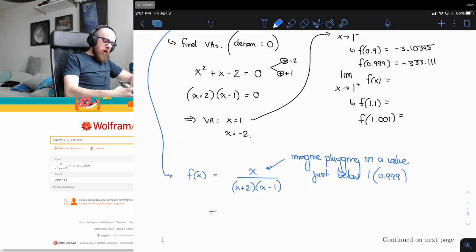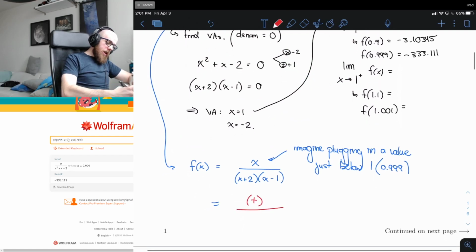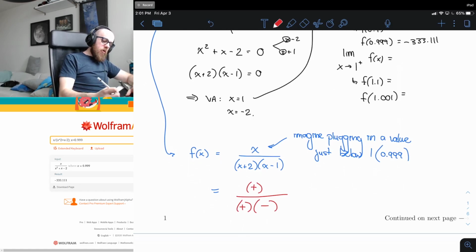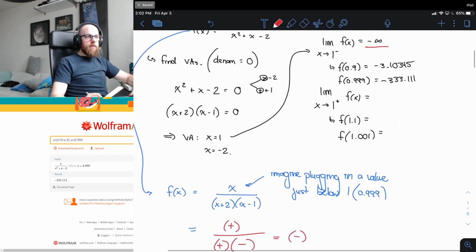If we do that, in our numerator we get a positive number, because 0.999 is positive. Then 0.999 plus 2 is also positive. And 0.999 minus 1 is a negative number. So we get a positive divided by a positive times a negative, and that answer ends up being negative. If we look up here, our function goes off to negative infinity, so it matches up.